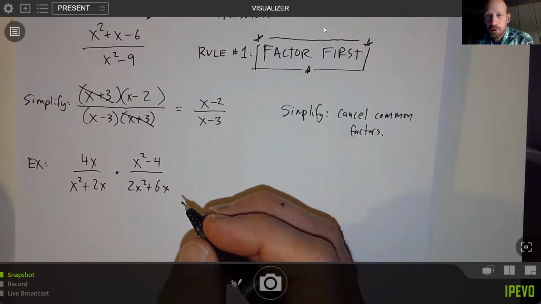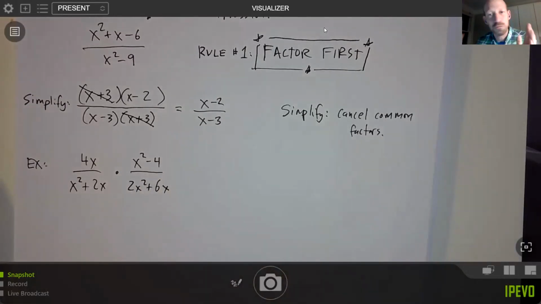Okay, so what do we do? Factor first. Excellent idea. Rule number one, right, is let's not even worry about what we're doing. Let's just factor this down. We need to see the individual pieces so we can then know what to do with them.